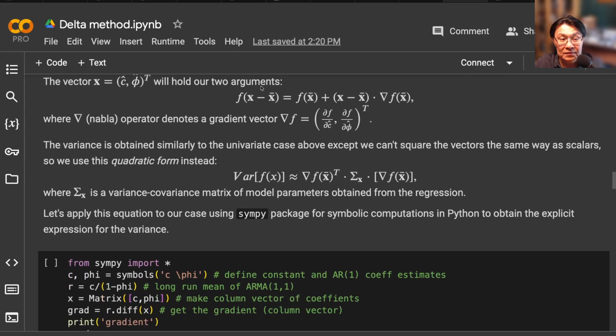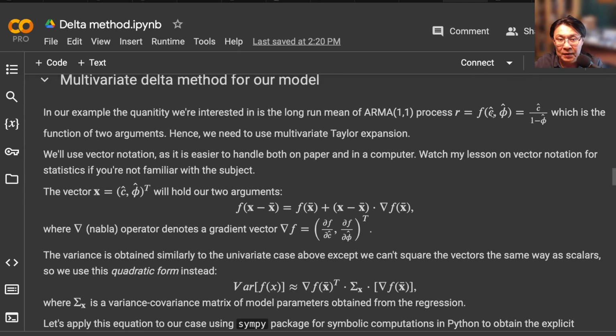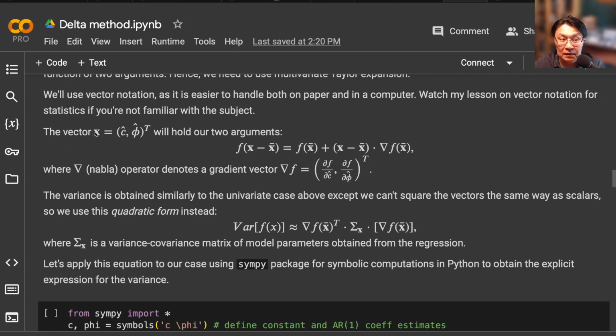So if we translate this into a multivariate case, we will take these two parameters c and phi and put them in a vector. It's a vector with two elements, right? We will call this vector x in this case. We got this vector, a column vector.